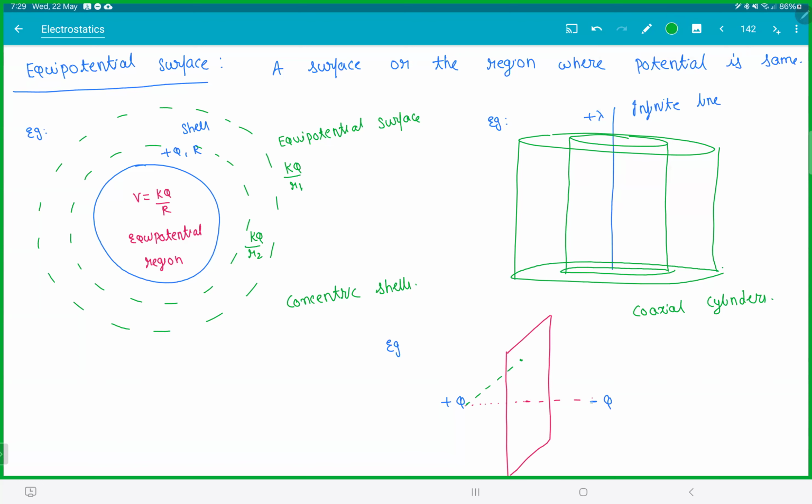So if you choose a point here, choose a point here, V is 0. So this is a plane along the perpendicular bisector, or you can simply say perpendicular bisector plane. So if the potential is same, it is called equipotential surface.